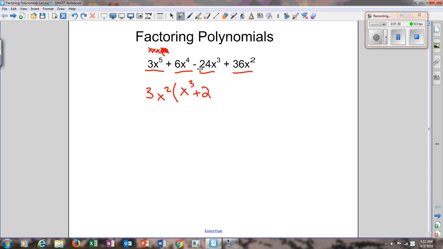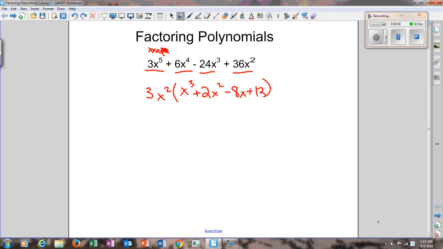If I took 2 x's out of there, there would be 2 left. 24 divided by 3 is 8. If I took 2 x's out, there would be 1 left. And then 36 divided by 3 is 12. And there wouldn't be any x's left because I took both of them out. And that's all there is for this question. Can't simplify it anymore. Can't pull anything else out of it.